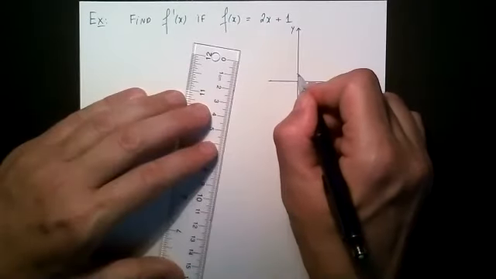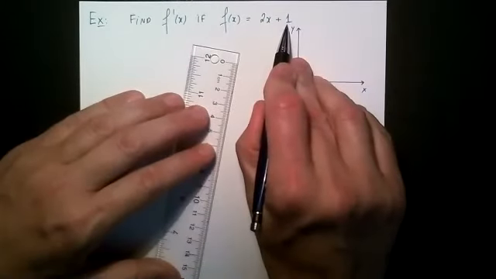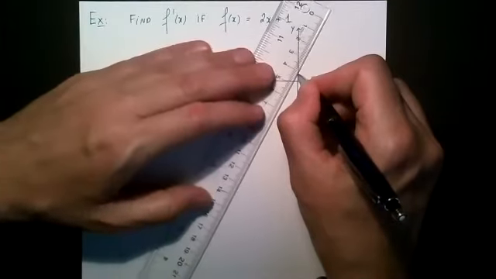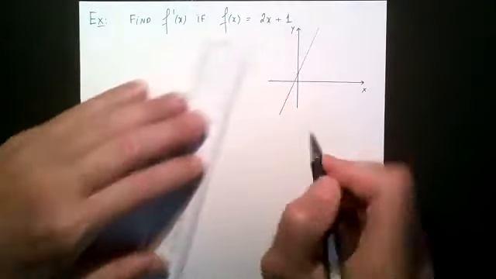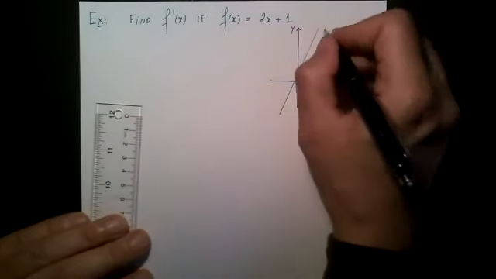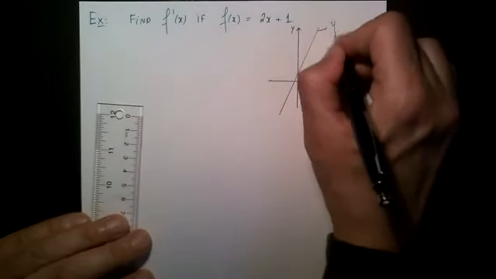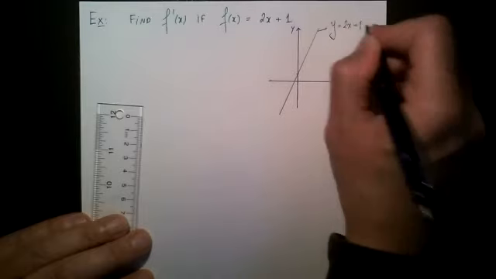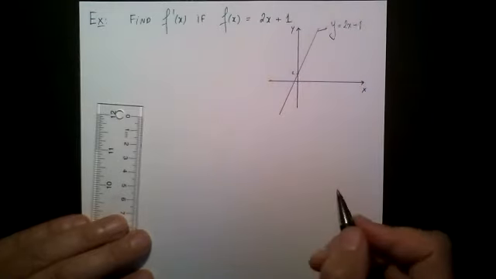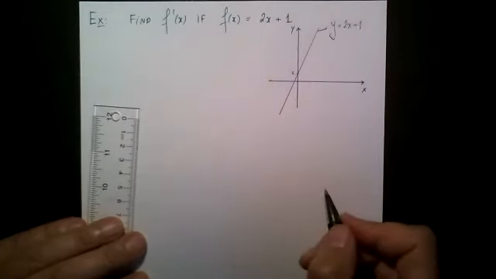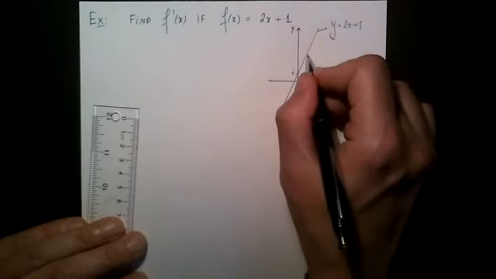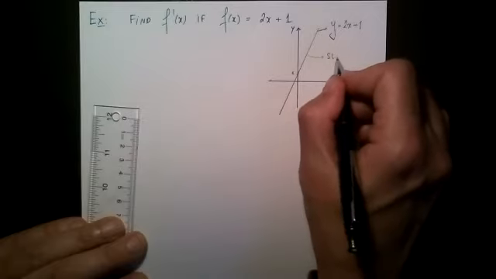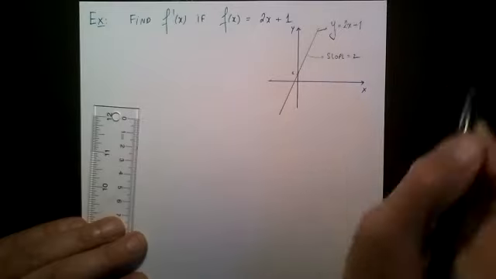It goes through 0, 1, that's the y-intercept, and it has a slope of 2, right? We know this. That's what the line looks like. This is y equals 2x plus 1. This is 1. Good? What is the slope of this line? 2. The slope is 2, right?